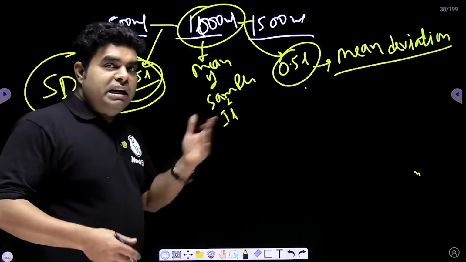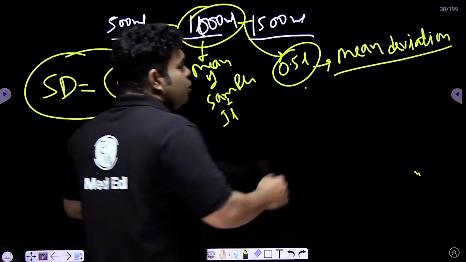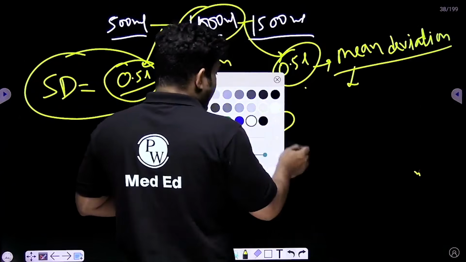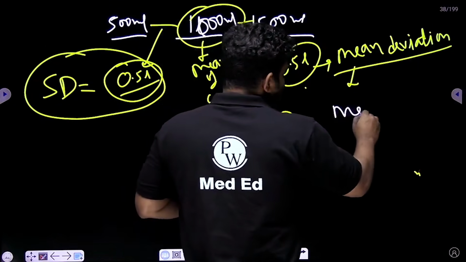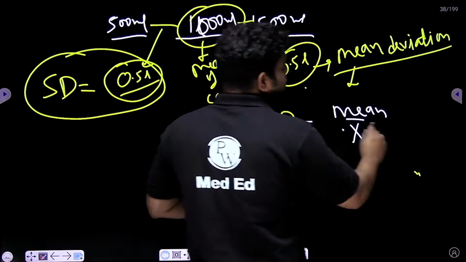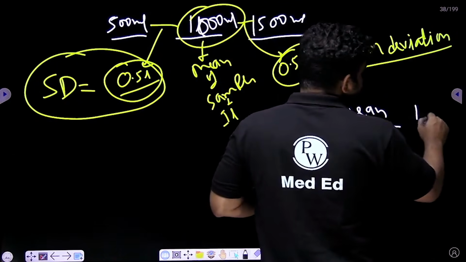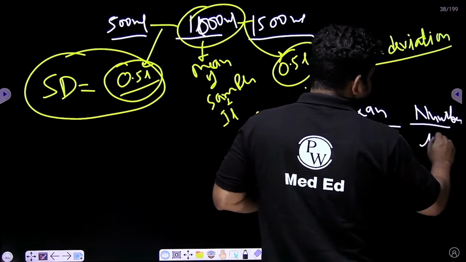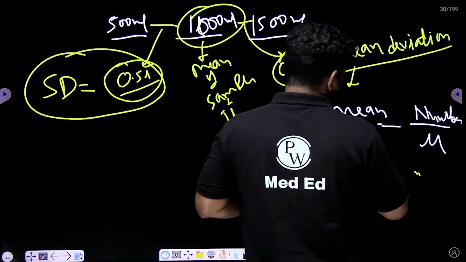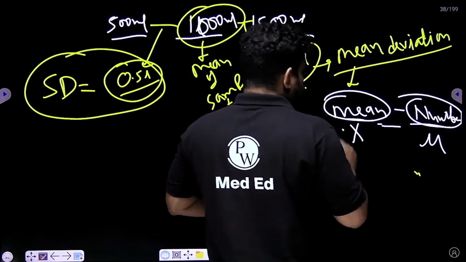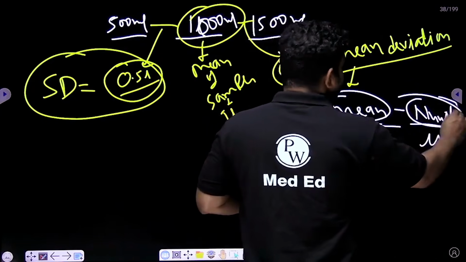How did you find this mean deviation or standard deviation? To find the mean deviation, first you have to write the mean. Mean is written as this, sample x bar. Then you have to subtract each number one by one from the mean. Each number is written as mu. So first you will find the mean, then you will subtract the numbers from the mean, and you will add all of them.